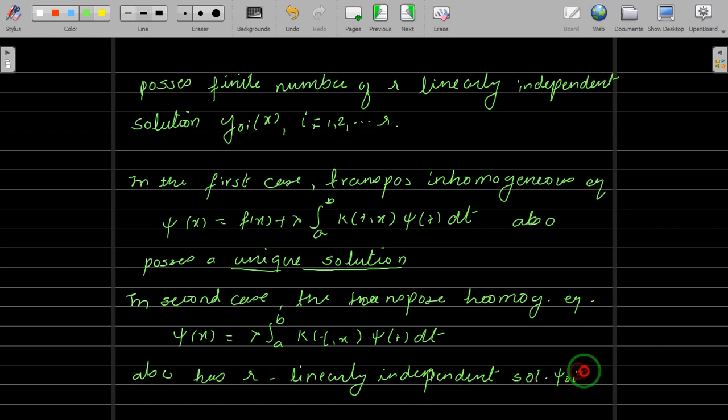We write these as psi 0i of x, i from 1 to R. Right.